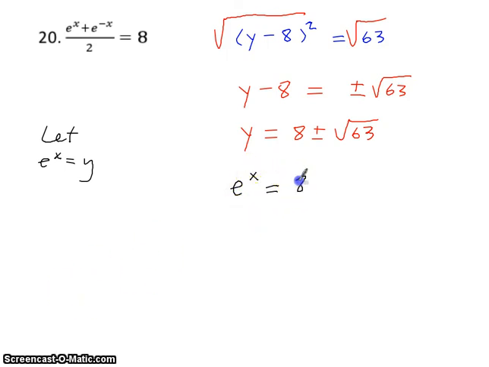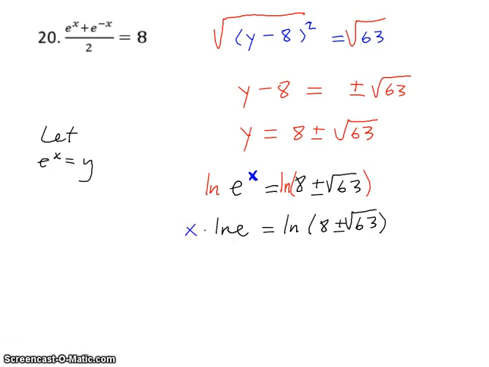It's e to the x. And I'm going to solve for x. And the way I'm going to solve for x is by taking the ln of both sides. Taking a log of both sides enables us to use the power rule of logs to bring the x in front of the log so that we can solve for x.